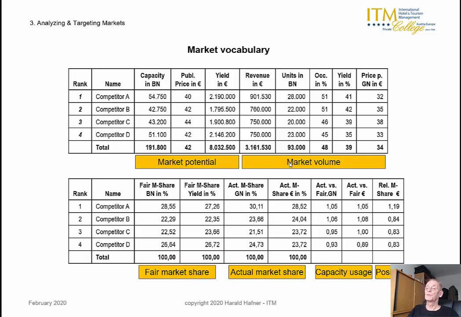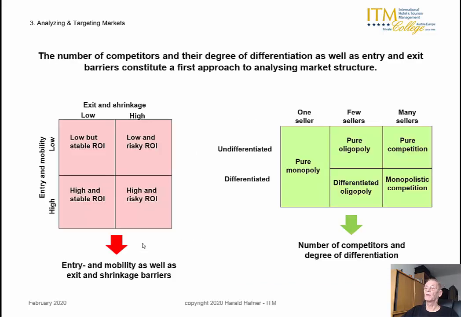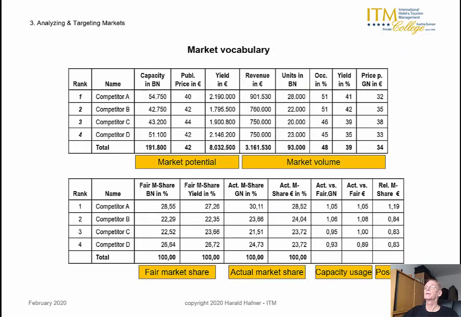The term also refers to the served market, so you could use market volume or served market in this respect. Then we move on to the market share. When the company sales volume is compared with the market volume, the share that is occupied by the company can be expressed in percentage. And this is exactly the calculations that we carried out here.